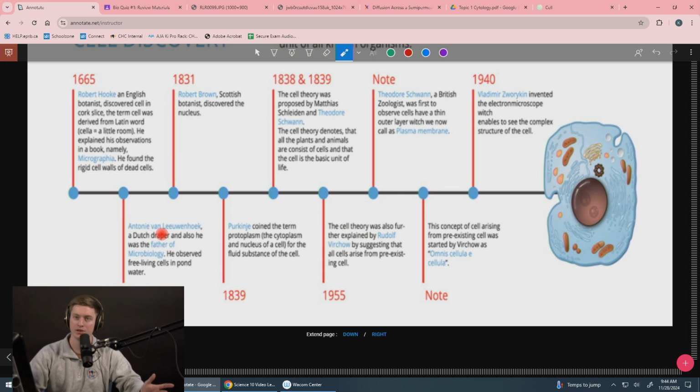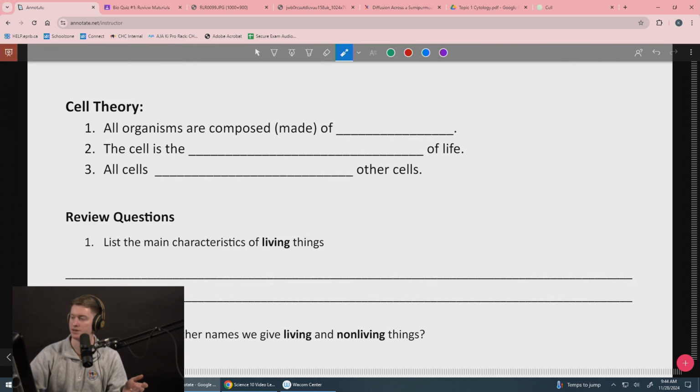Anton van Leeuwenhoek got even better microscope designs. He was able to see more types of cells because he could zoom in even more. So these are the important ones to tell here, as well as Schwann, who was looking at animal cells, and then Schleiden, who was looking at plant cells. There's other scientists on here as well.